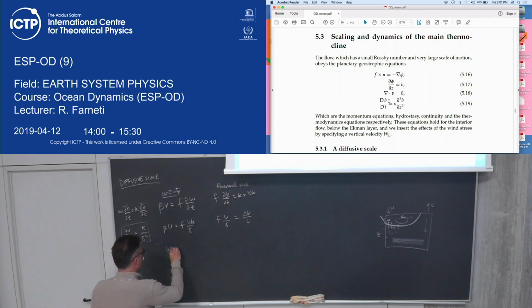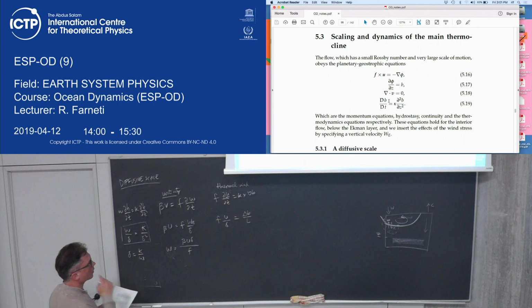So my vertical velocity W is beta U delta over F, okay.